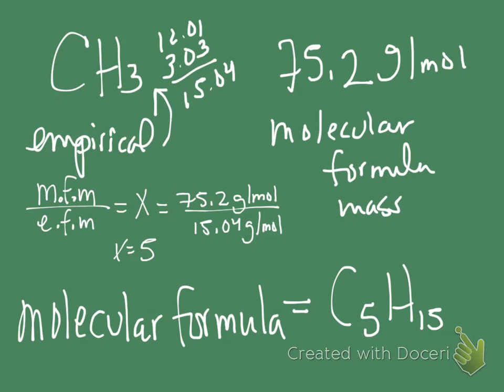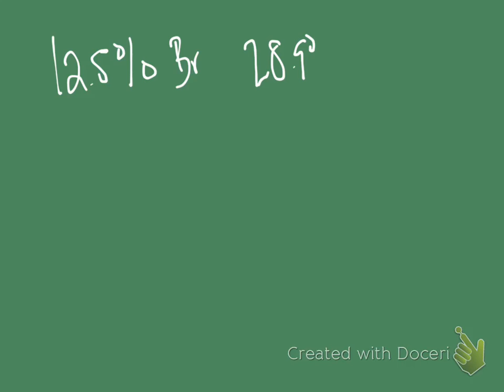Okay, that's it. Now, you know what would be really evil? I'll tell you what would be really evil. If you were given a problem that said something like this. This compound is 12.5% bromine, 28.9% oxygen, and some percent of something else.